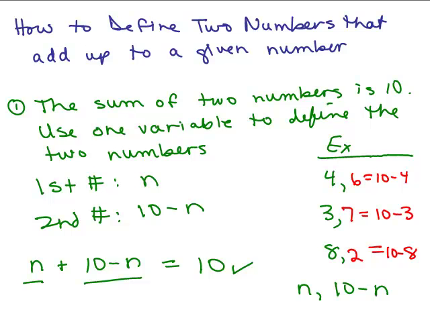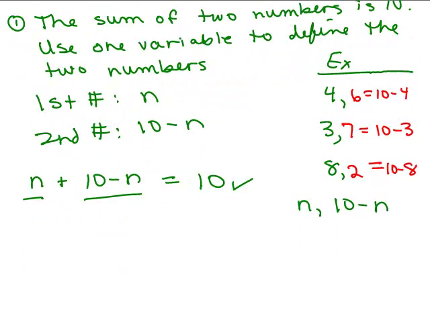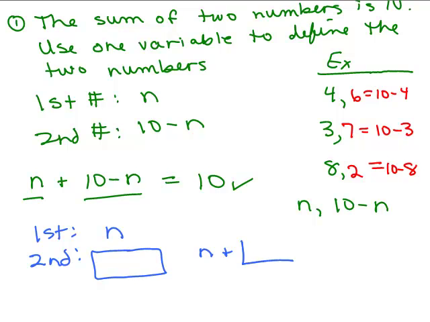All right, let's say you're still not convinced, still having a little trouble with this. So let's just say you weren't sure what to do and you wrote the first number is n and you're trying to figure out that second number, which we don't know what we're going to put in here, right? You know that n plus whatever you're going to put in there has to equal 10, right?